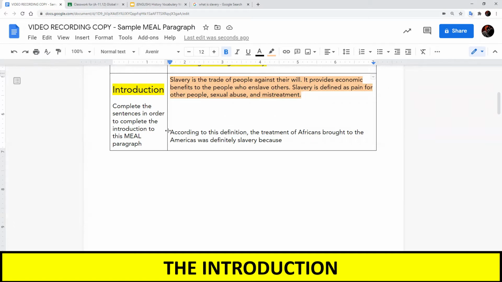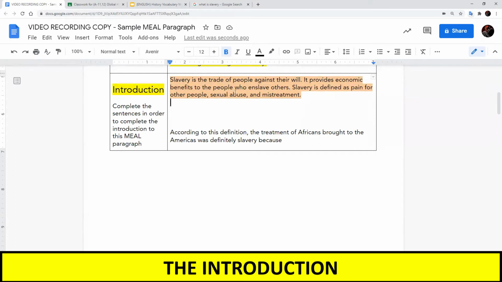Now in the second part, the starter says that according to this definition, the treatment of Africans brought to the Americas was definitely slavery because. So here, you're trying to state very clearly that the treatment of Africans who were brought to the Americas as slaves very clearly connects to your definition of slavery, the one that you included right here.